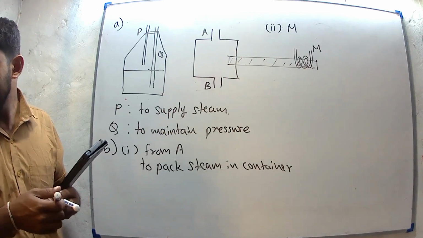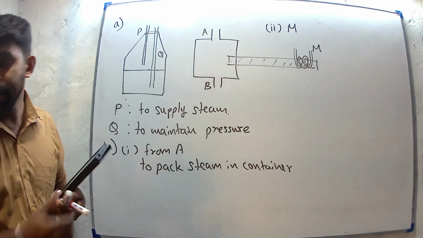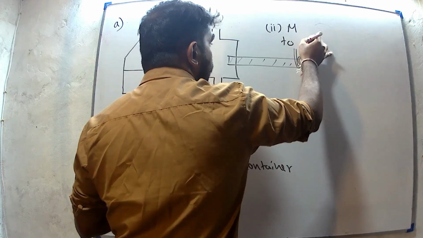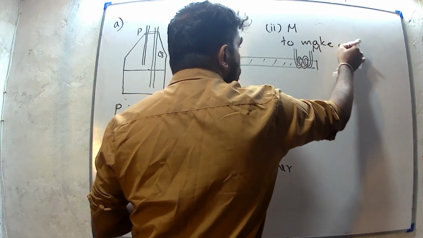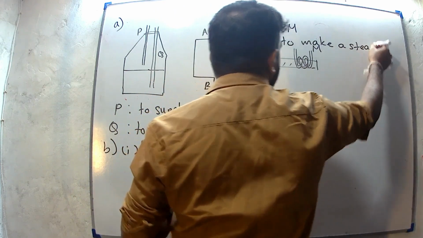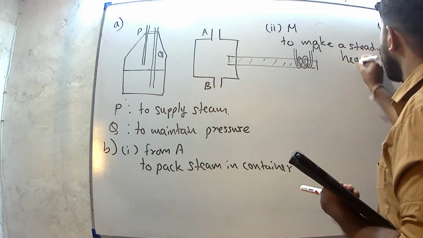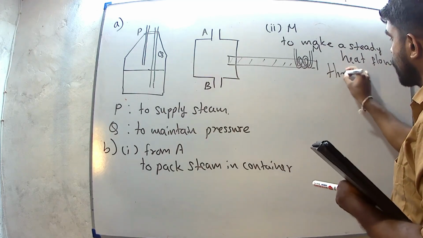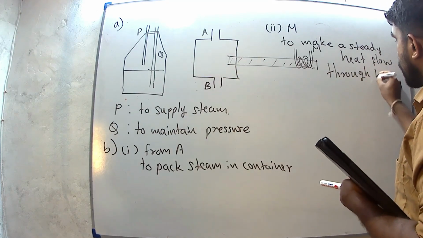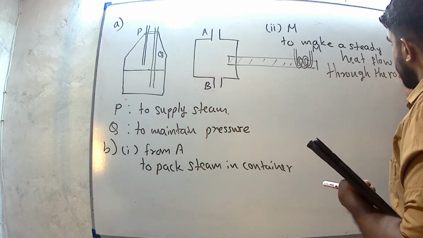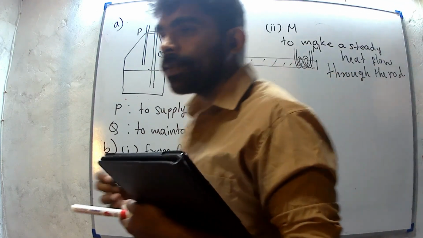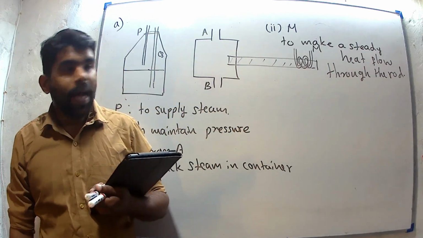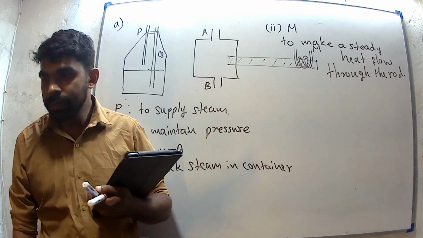Then we can write the reason: to make a steady heat flow through the rod. Or we can write: to ensure maximum heat absorption by the water.